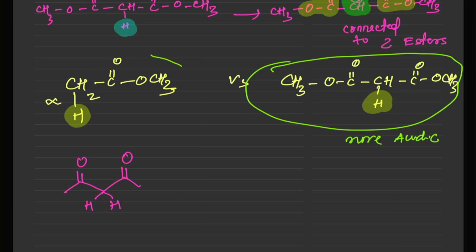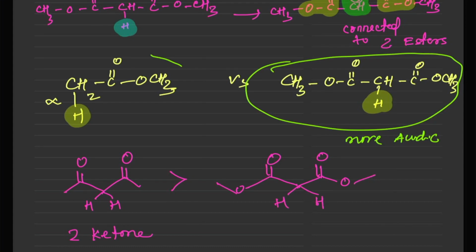We have two ketones, and two ketones are always better than two esters. So these alpha hydrogens are more acidic than those here. So, in summary, ketones or aldehydes are better than esters and make the alpha hydrogens more acidic. Okay, let's stop here.